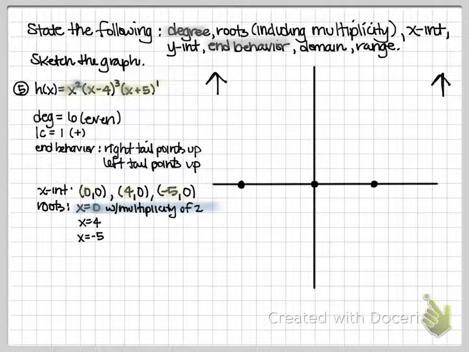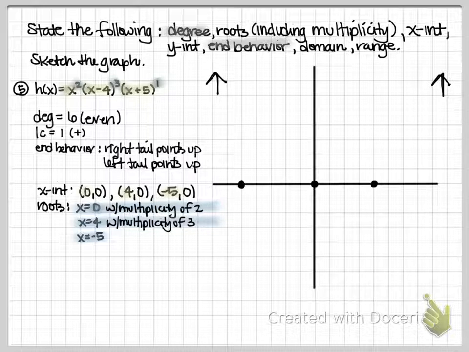And then the next one, for x equals 4, the exponent is a 3, which means I do have multiplicity, so I would say with multiplicity of 3. And then the last one, the exponent is 1, so I don't state multiplicity here. So I have a better idea now of what the graph is going to look like as it's going through those points.